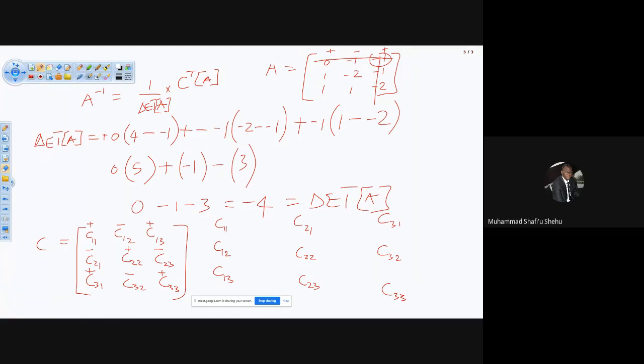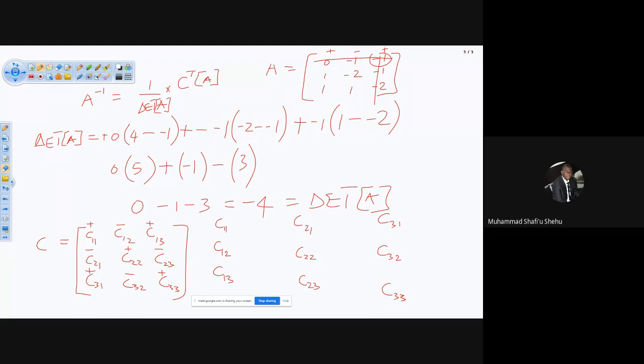So now in finding C1, we have to go back to our A matrices. But this time, when we are taking a value, we're not going to take the first digit from the column. We are not taking that anymore. We are only taking the values that are not hidden.